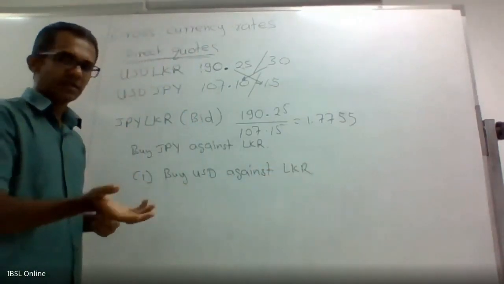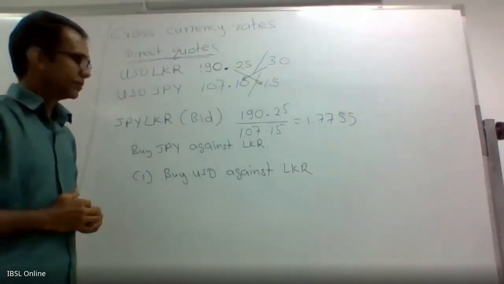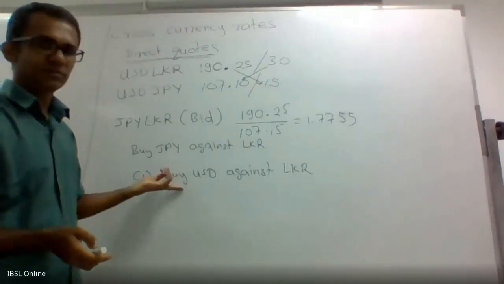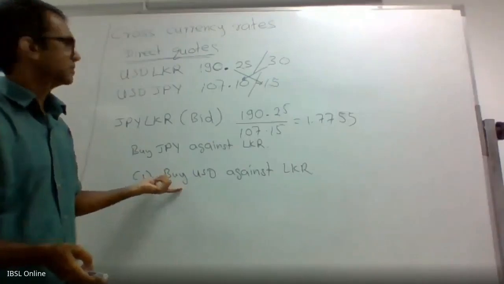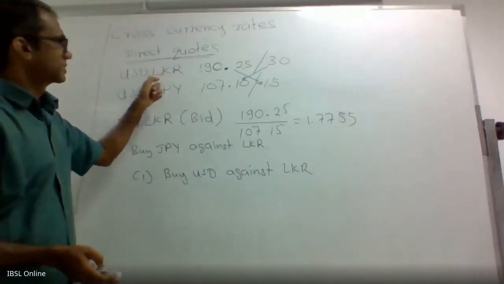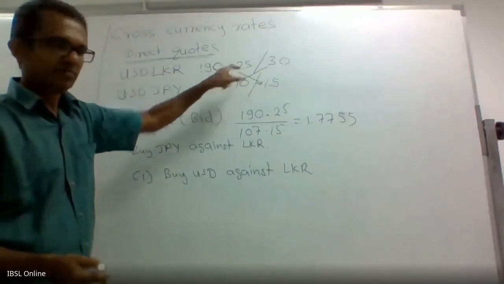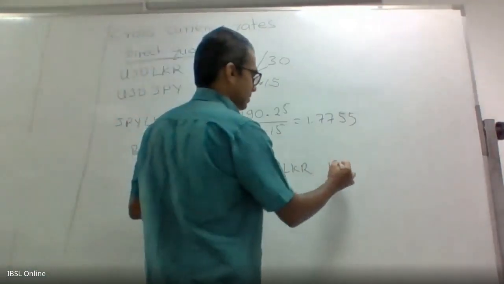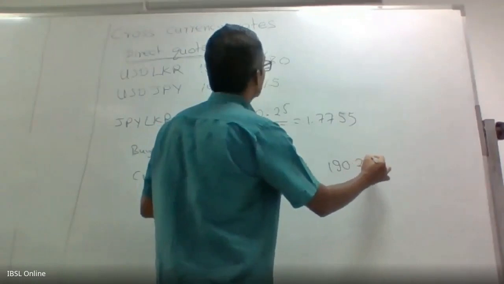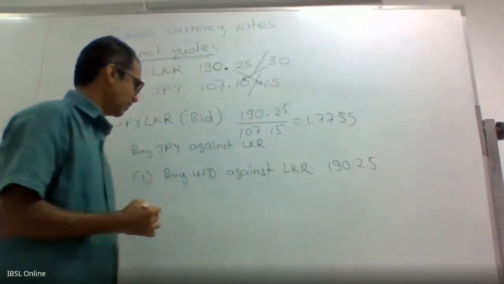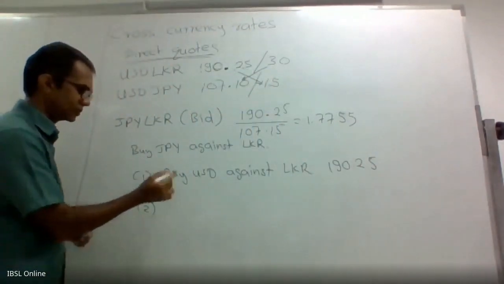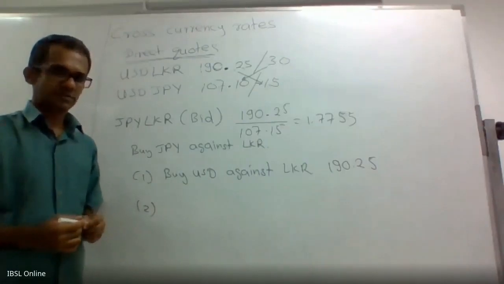You sell LKR and buy USD. At what rate would you do that as a market maker? Dollar rupee exchange rate. You buy dollar at the bid rate, 190.25. Then what do you do with those dollars you bought?